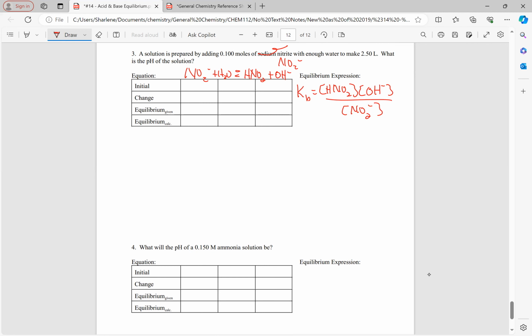All right, can I find the Kb? In this case, I don't give you any equilibrium concentrations, and I should have said in the problem 25 degrees, but I'm going to go to my reference sheet and find Kb. And guess what? I don't have a Kb, but I do have a Ka. My Ka of nitrous acid is 4.5 times 10 to the minus fourth.